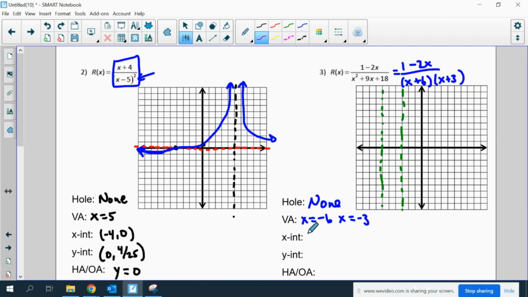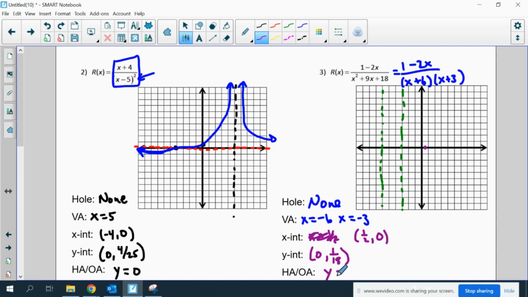So if I solve for x, when I set the numerator equal to 0, x equals 1/2. So I would write that as a point, (1/2, 0). Y-intercept is 1/18, if I set x equal to 0 and see the 1 over 18.